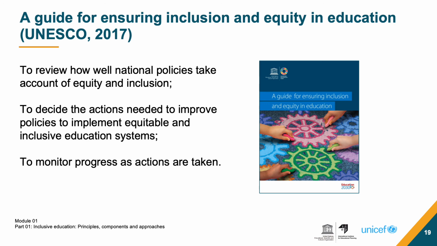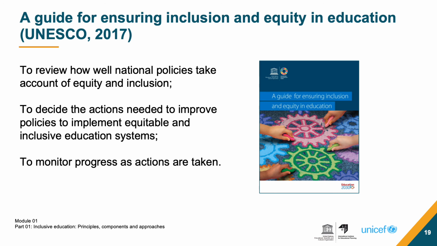It aims at helping countries to take steps to address marginalization, exclusion, and inequality, and to find ways of including all learners. It is built around an assessment framework that serves to review how well national policies take account of equity and inclusion, decide the actions needed to improve policies to implement equitable and inclusive education systems, and finally, monitor progress as actions are taken.